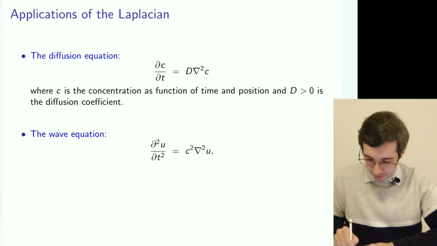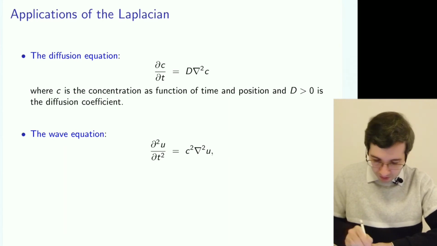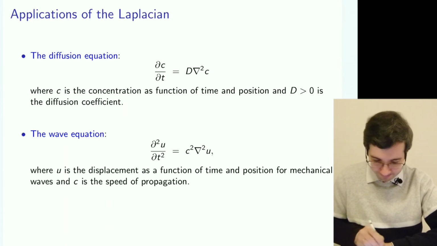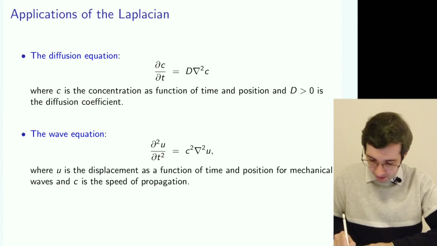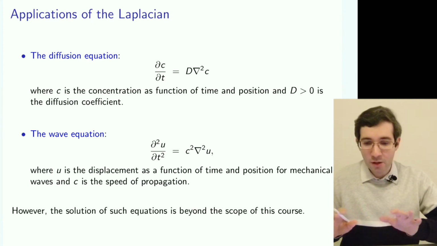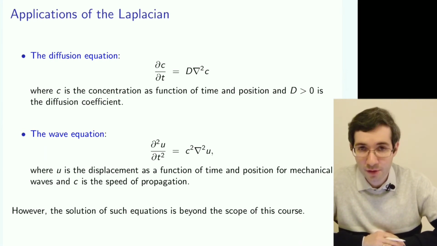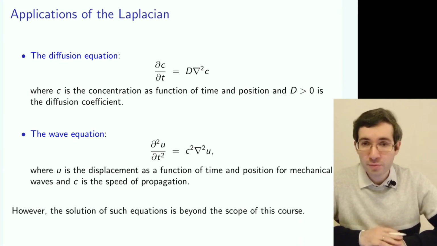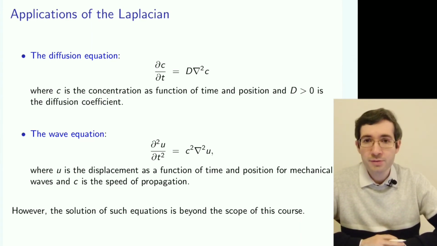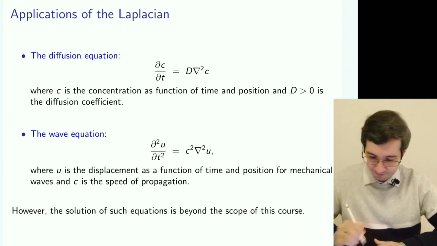And c represents the speed of wave propagation. We are not going to study how to solve all these equations in this course. It's going beyond the course unit. And you don't have to memorize them, but it's just an example of how powerful the concept of the Laplacian is.